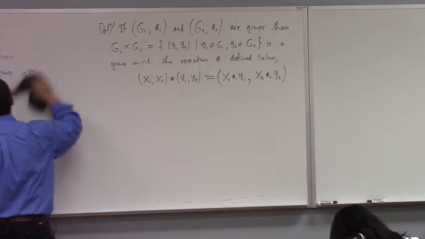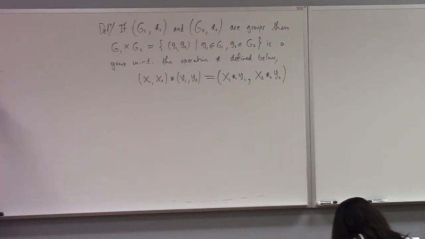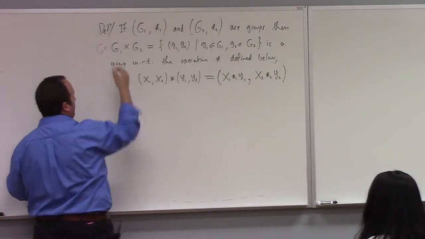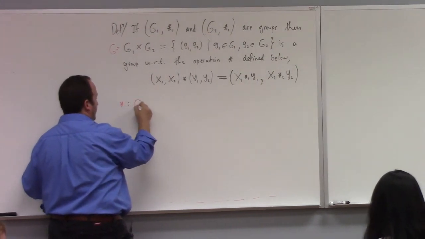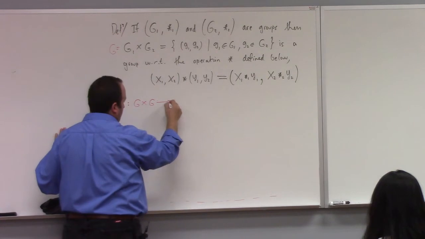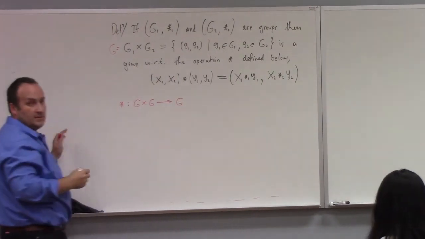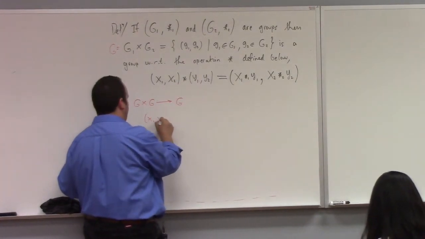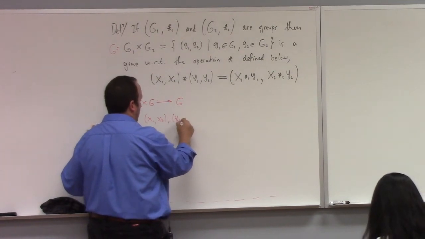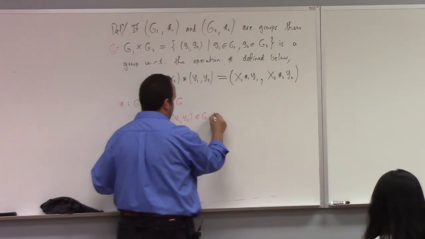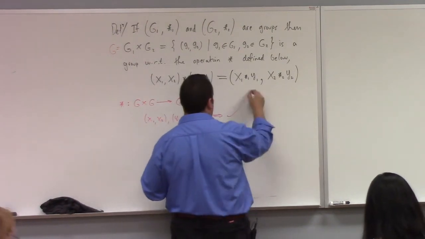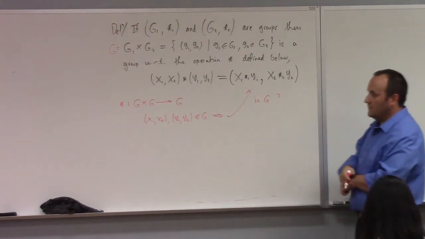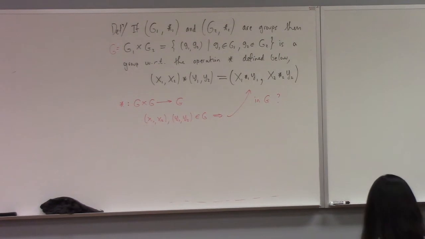First of all, is it a binary operation? To make things a little bit easier, let's give this thing a name. Let's call it G. So is star a binary operation? Does it take in pairs from G cross G and map them to G again? If I have (x1, x2), (y1, y2) in G, does that imply that the product is in G?